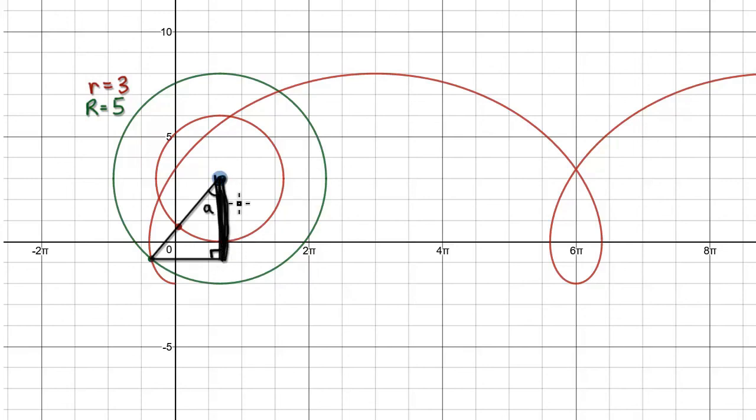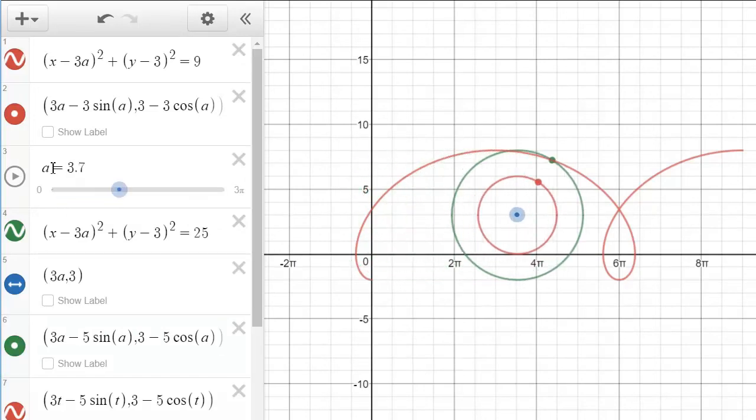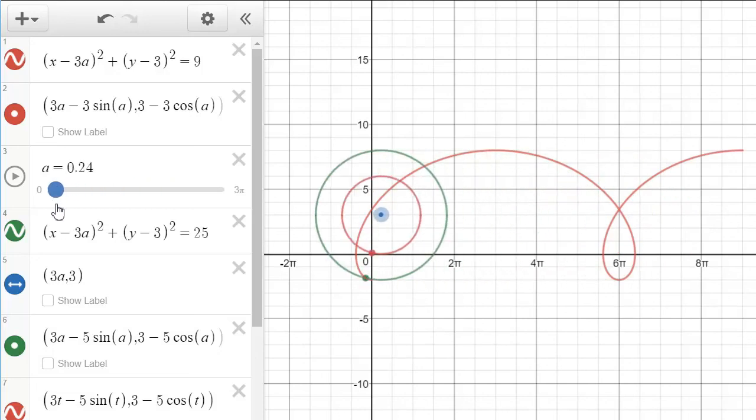This is of radius 5, angle of A, so this whole length here will be 5 cos A. So the y location of this point will be this length, which is 3, and then you take away this whole length here, which is 5 cos A. So going back to here, that's why it's 3 take away 5 cos A. So as we slide A back and forth, it will always give us that location.